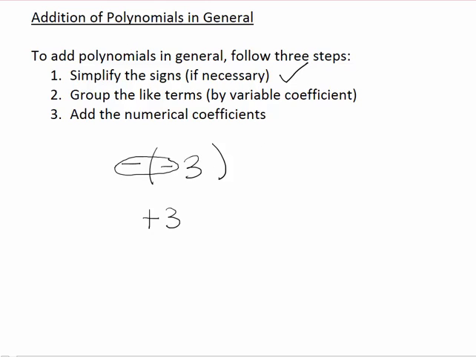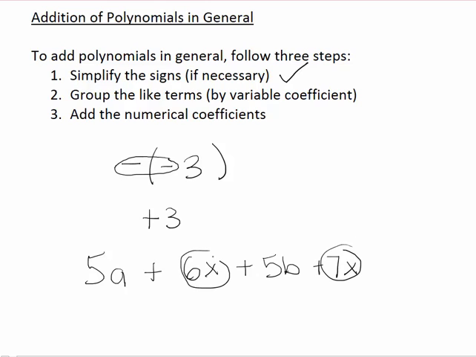The next step is group like terms, and you're using the variable coefficient. For example, if we have a 5a plus a 6x plus a 5b plus a 7x, we know that the two x terms are like, so we're going to group them together.